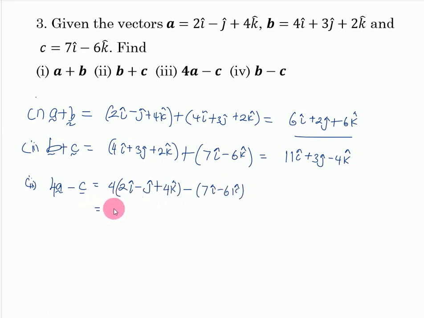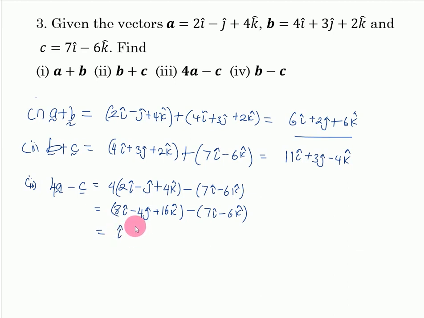I can work this out to 8i minus 4j plus 16k. Then I subtract 7i minus 6k. And what you have finally here, you have 8i minus 7i.